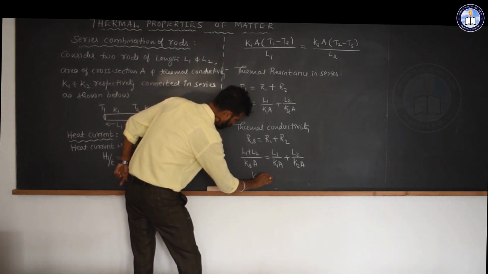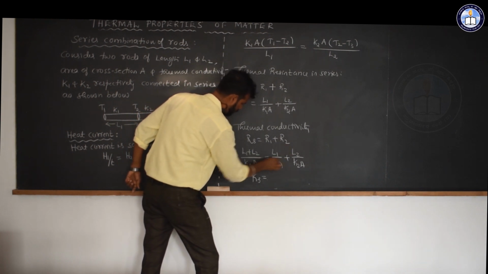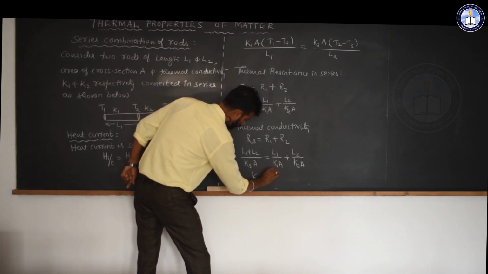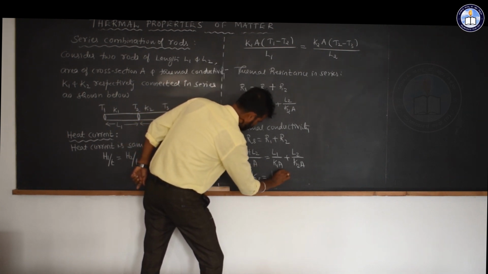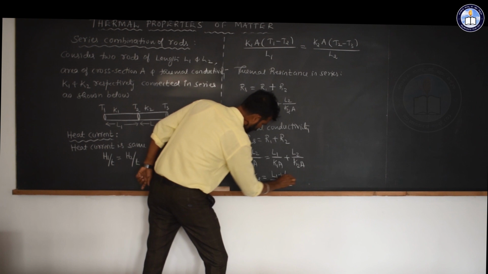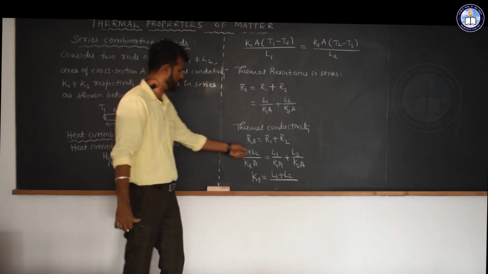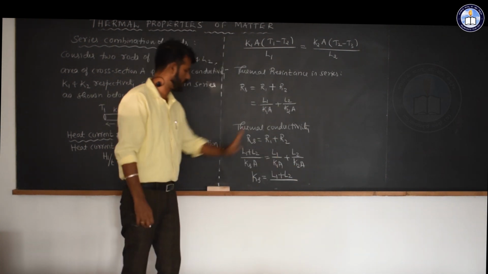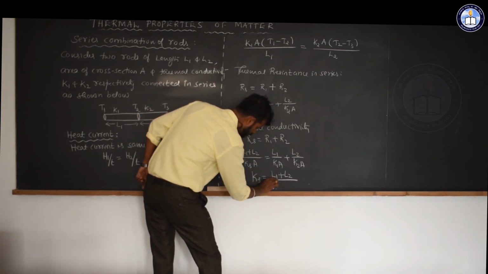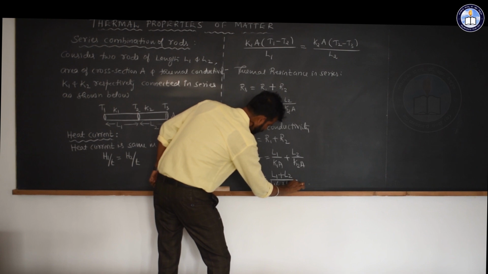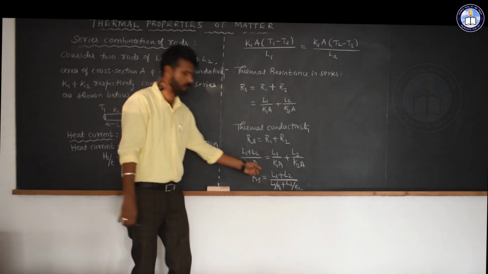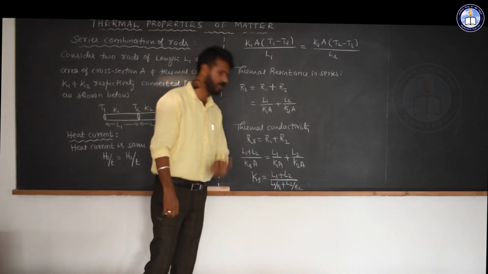Take this Ks to here, A will cancel, so Ks is equal to (L1 plus L2) divided by (L1 by K1 plus L2 by K2).